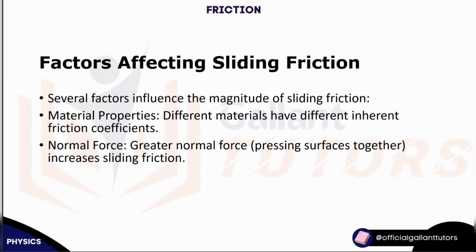The next one is normal force. I told you that normal force is actually a force that is opposite and equal to what? To the weight of that object, right? So basically, as a law, the greater the normal force, the greater the sliding friction. It makes sense.